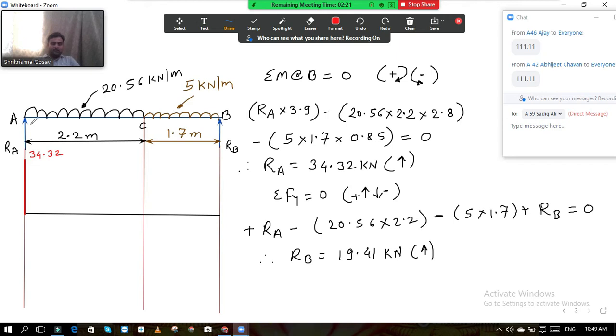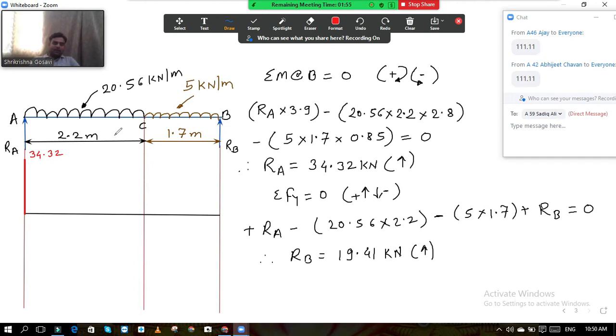Then as we move from point A to point C, we observe that there is a UDL acting between point A and point C, and this UDL is moving down. It is not moving up, it is moving down. So minus. Press minus on the calculator. Now convert this UDL into the point load.